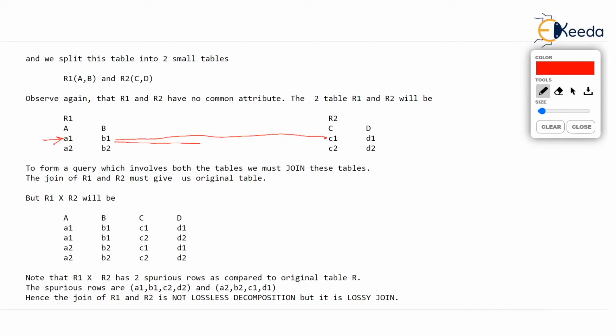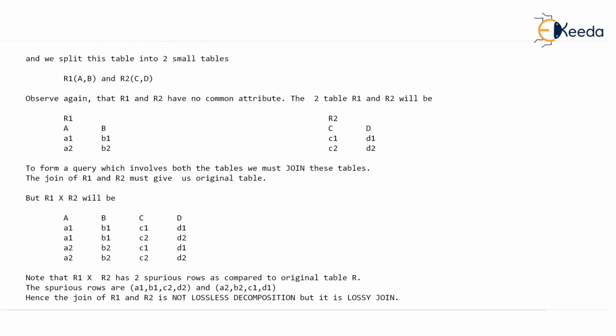So we are going to get A1 B1 C1 D1 and A1 B1 C2 D2. Similarly, the second row will be joined with the first row, and the second row will also be joined with the second row. So we are going to get A2 B2 C1 D1 and A2 B2 C2 D2. But you observe that the new table is having 4 rows.